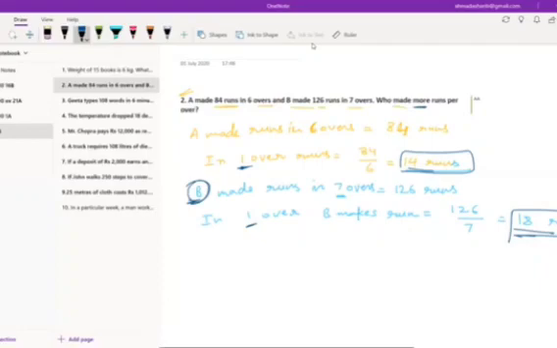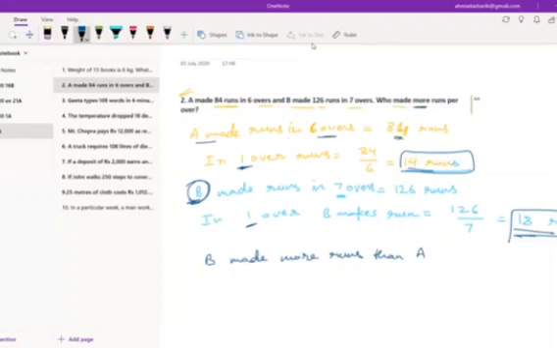That is why we can say that B made more runs than A. Is it clear? Now I'm repeating this question. A made runs in 6 overs is equal to 84.